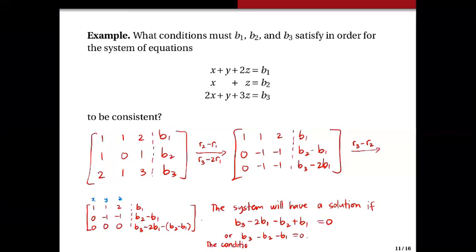So the conditions must be, you can choose any B1 and B2, but your B3 must satisfy this. So B1 and B2 can be any real number, and your B3 must be equal to B1 plus B2. This is the condition that we need. Okay?